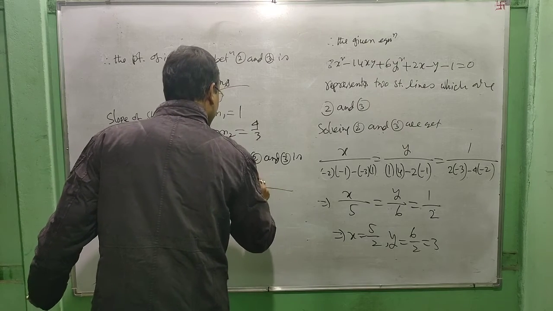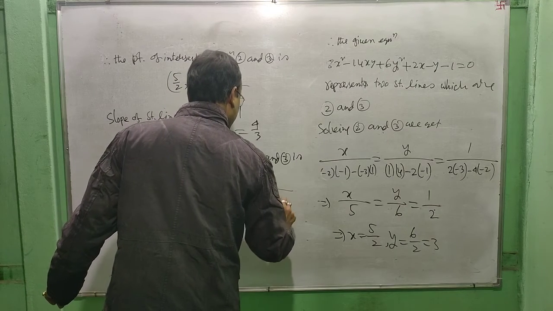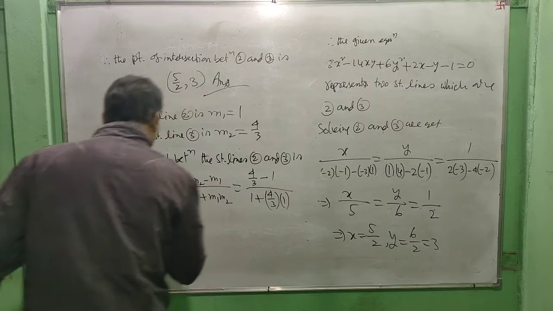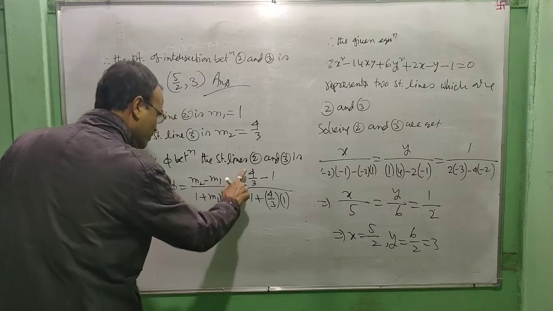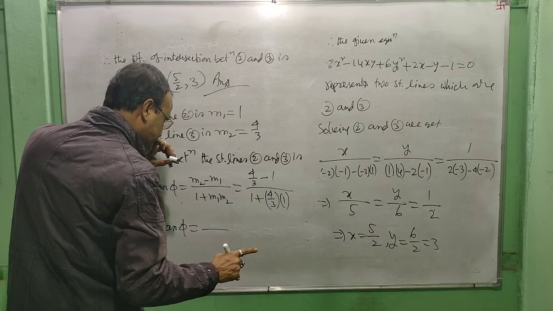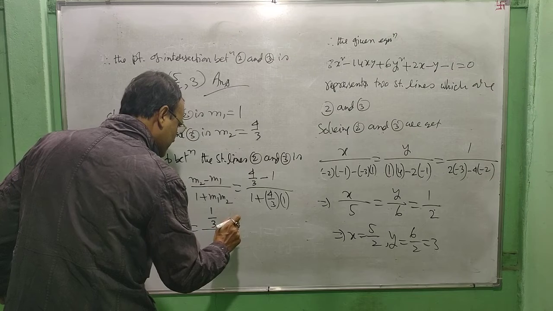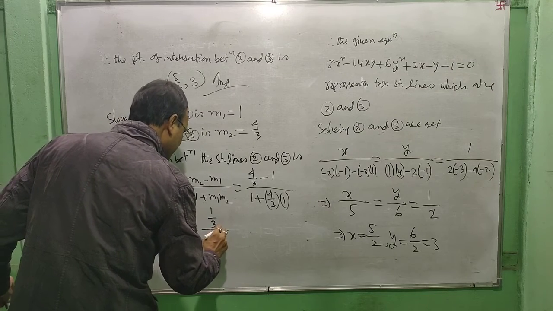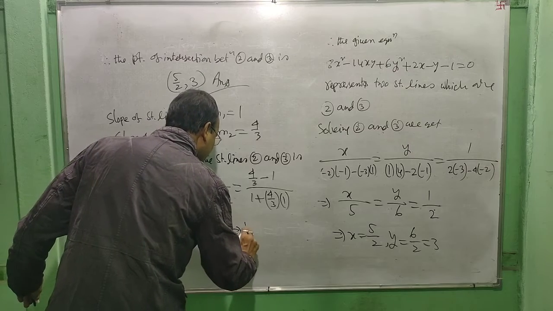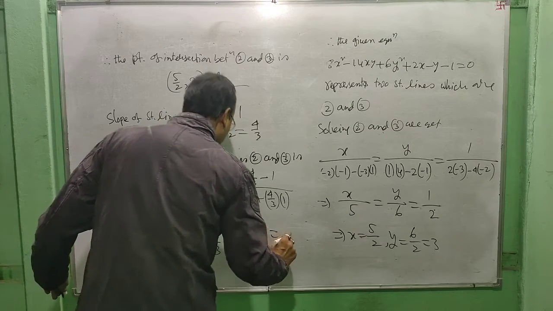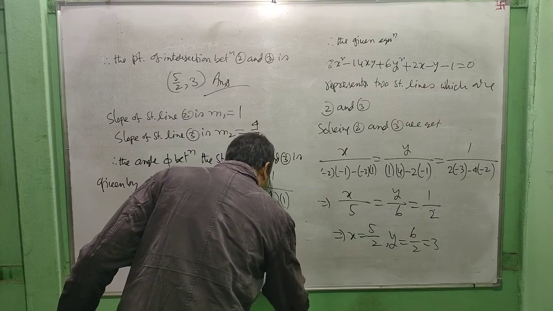This is equal to 4 by 3 minus 1 divided by 1 plus 4 by 3 into 1. This means tan phi equal to 1 by 3 divided by 7 by 3. This means tan phi equal to 1 by 7, so phi equal to tan inverse 1 by 7.